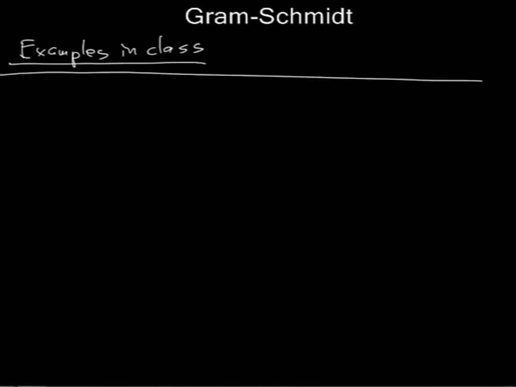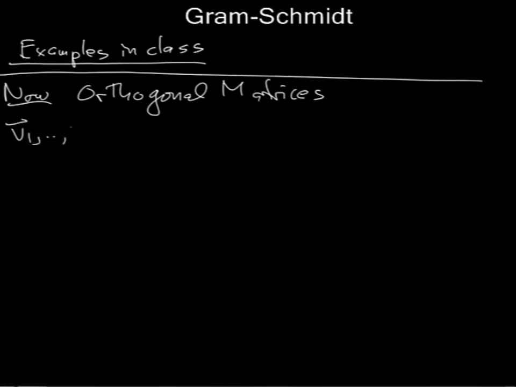Let's go on and talk about something else. I'd like to talk about orthogonal matrices. And the way I'll explain this is, suppose you have n vectors v1 through vn, which are orthonormal.